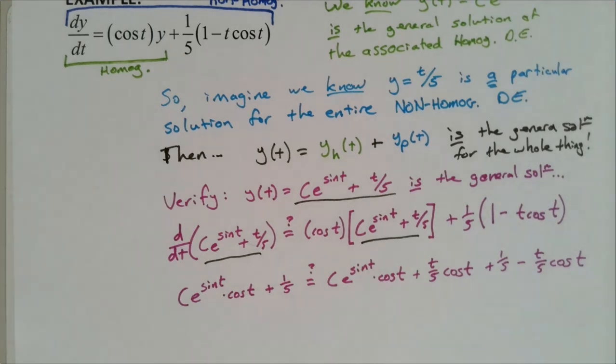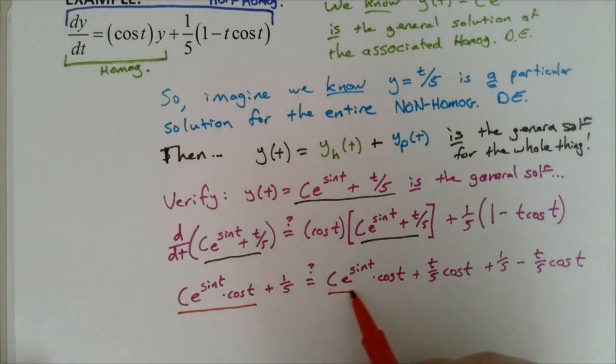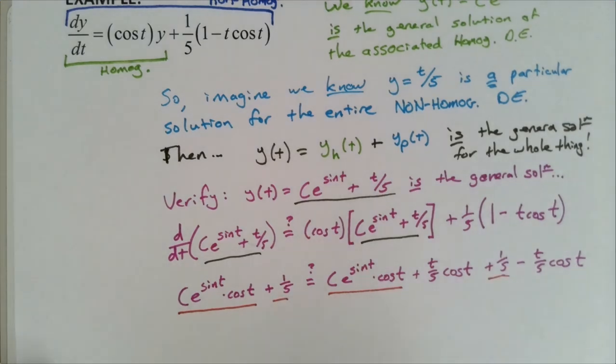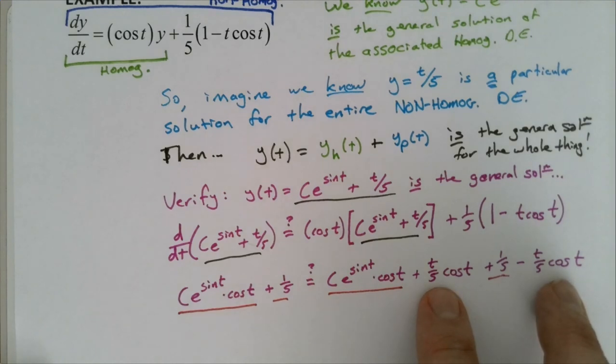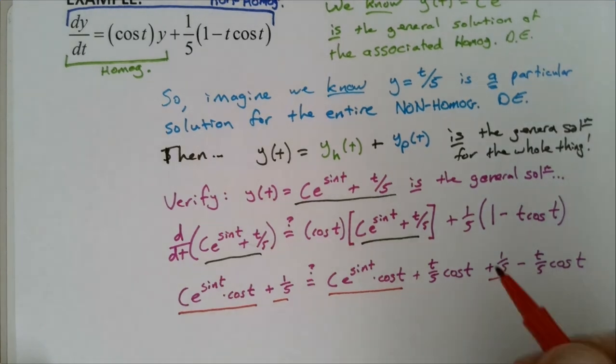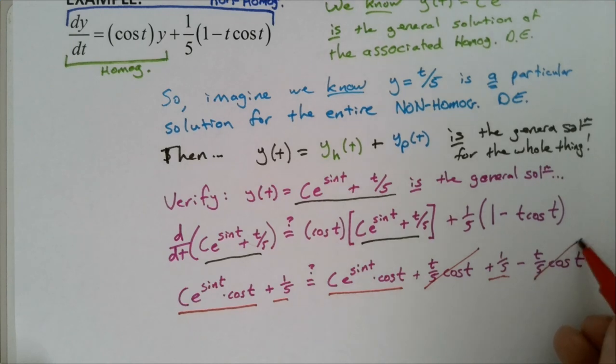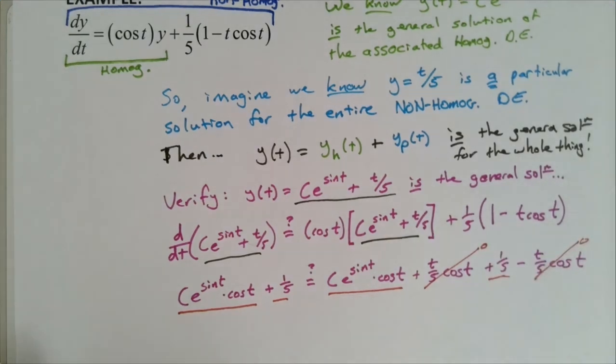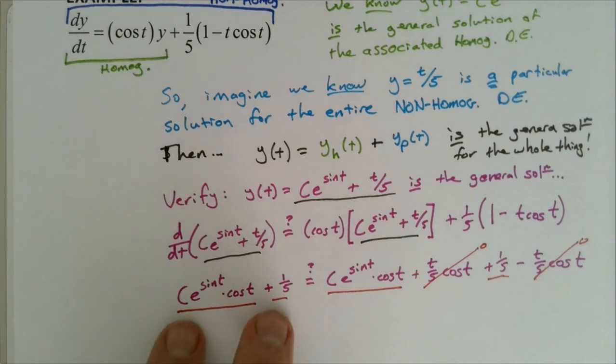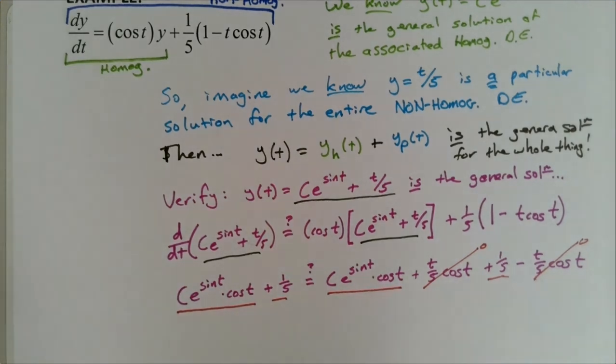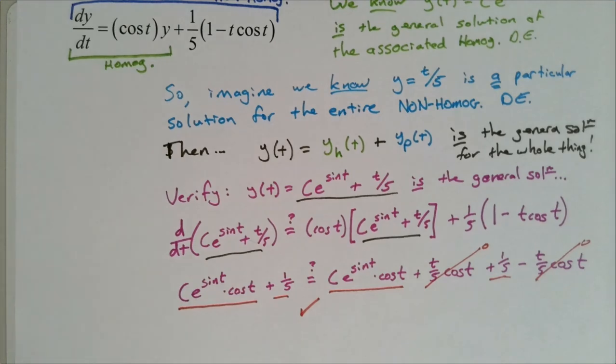On one side of the equation, we have c e to the sine t times cosine t. We have that exact same thing over there, so they would cancel each other out. On one side, we have a positive 1/5, and on the other side, a positive 1/5. And then these two terms right here are just additive inverses of each other, so they cancel each other out. And so what you have is the same thing on the left as you do on the right. So it checks out.